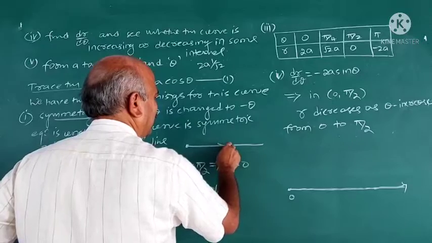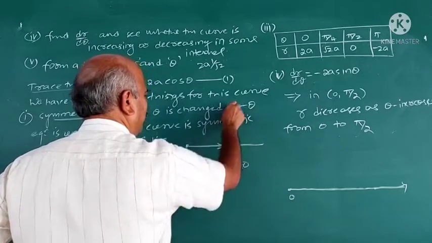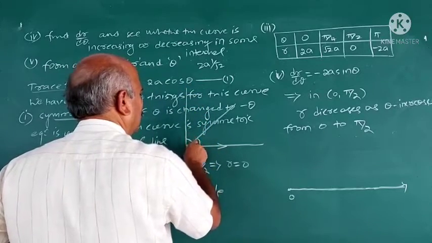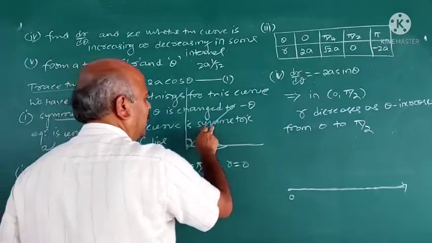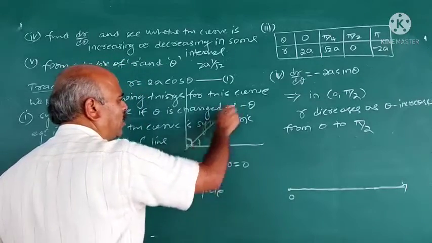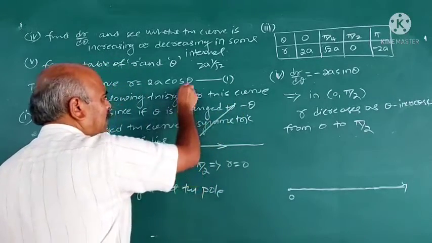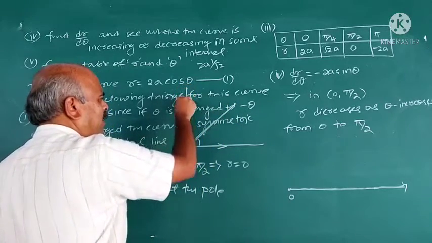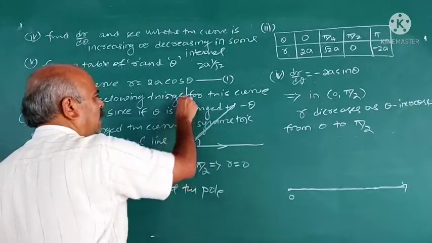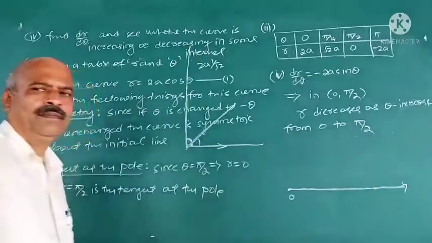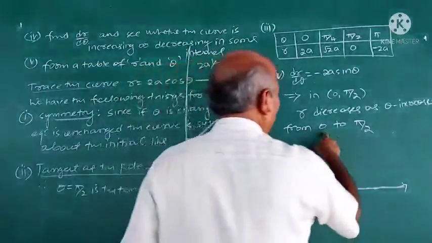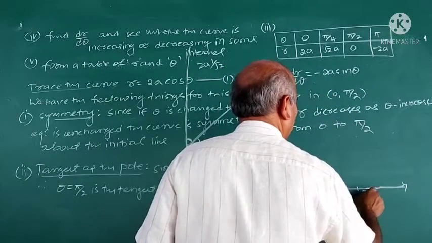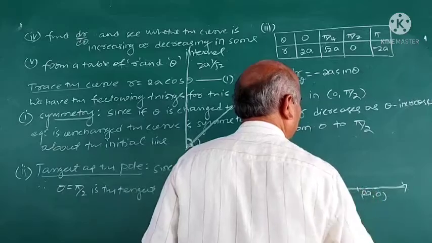The angle made by the initial line with itself is 0. This is pi by 4, and this is pi by 2. Therefore, if theta is pi by 2, then depending on r the point lies on this line. Theta is 0, r is 2a, so I take this as 2a.